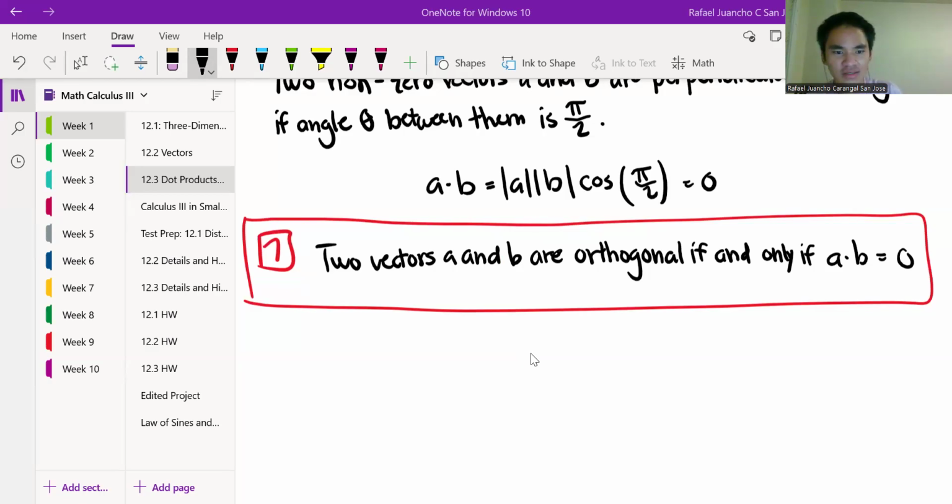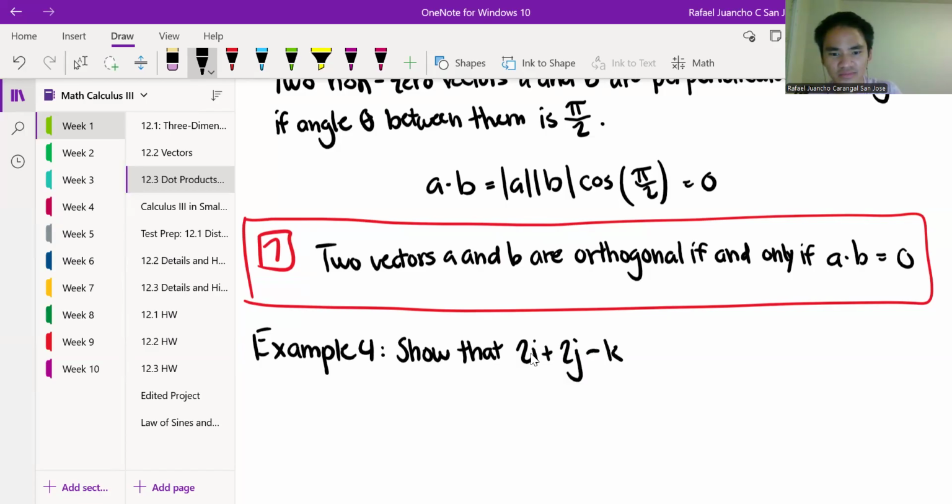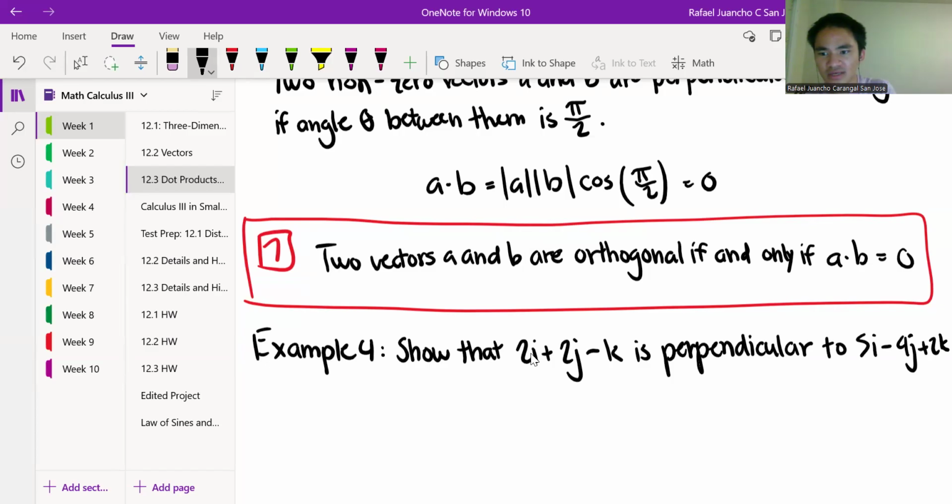And let's see that in an example. So here we have to show that this vector here, 2i plus 2j minus k, is perpendicular to 5i minus 4j plus 2k.